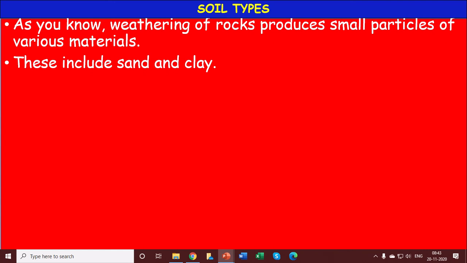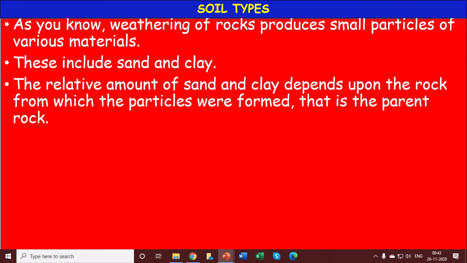These include sand and clay. The relative amount of sand and clay depends upon the rocks from which the particles were formed. That is the parent rock, the rock from which the soil particles are formed by weathering, which indicates the composition of the soil.